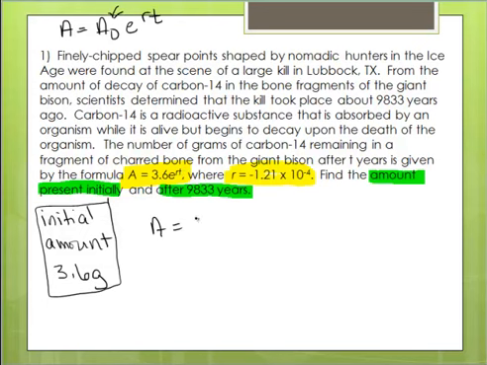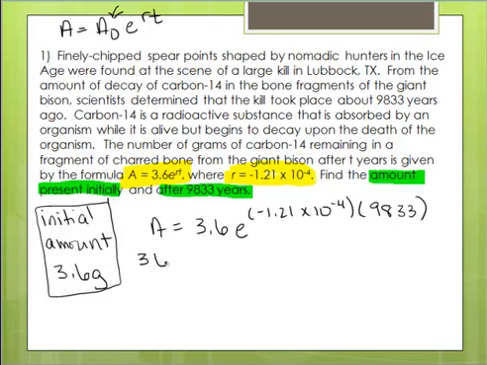So A is equal to 3.6 e to the rate, which is negative 1.21 times 10 to the negative 4th times time, which is 9,833 years. So what would this look like in my calculator? 3.6 e to the parenthesis.